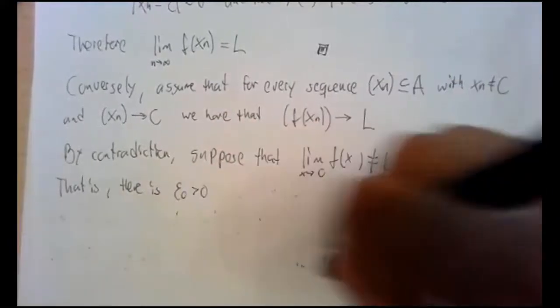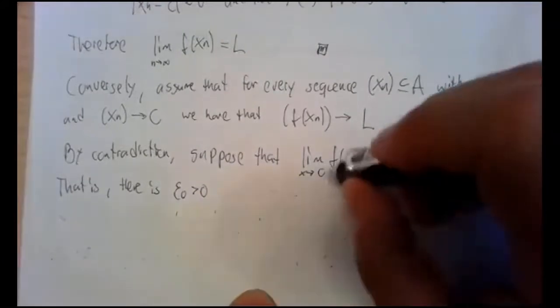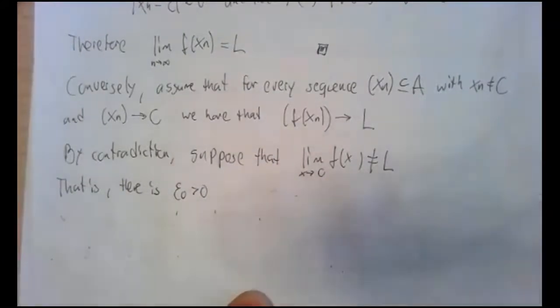We want to show that the limit of a function is L when x approaches c. What is the contradiction of that? The contradiction is that there is some epsilon greater than 0 such that the limit definition does not happen.